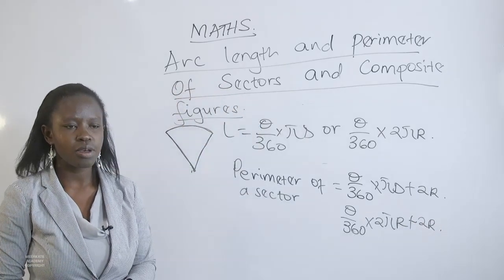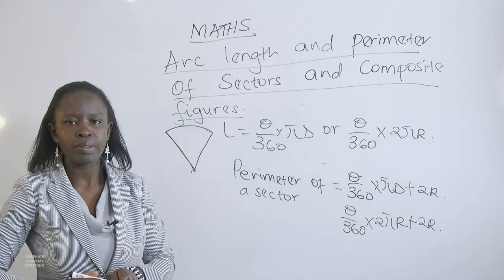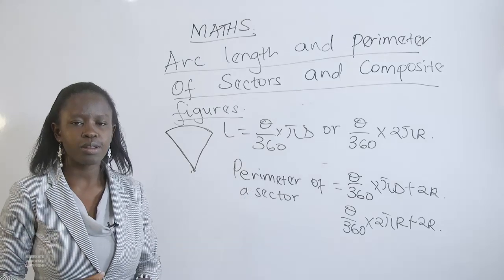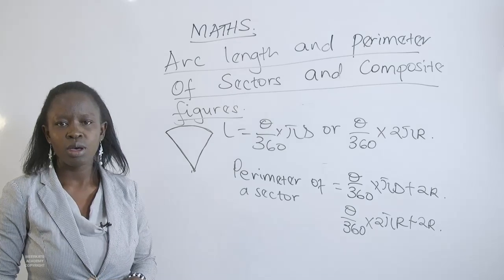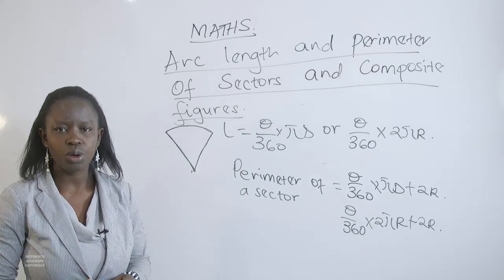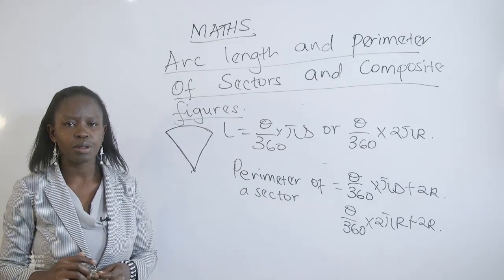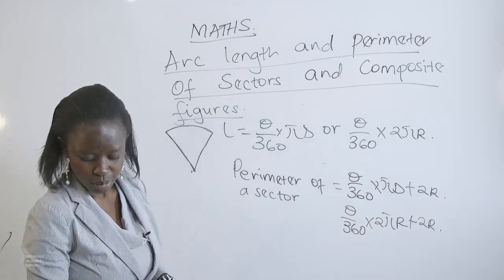So those are the options that we have when we are calculating the length of the arc, and this is the perimeter of the sector. So we need to understand first, what are we required to find in the given question? Are we finding the length of the arc, or are we finding the perimeter of the sector?